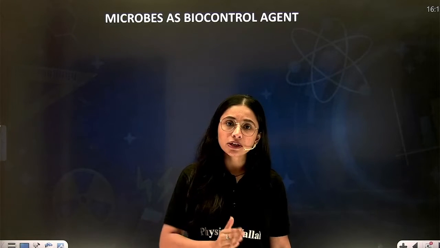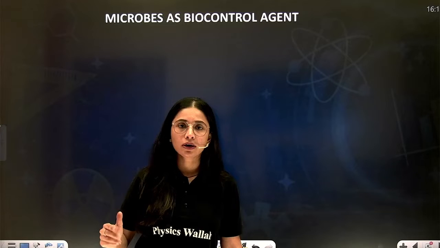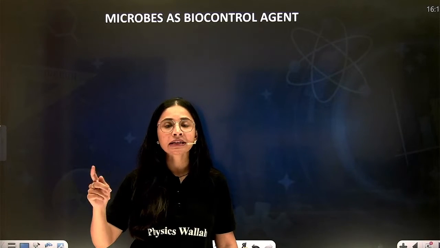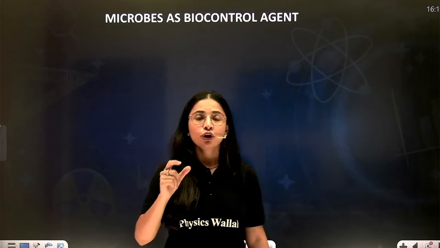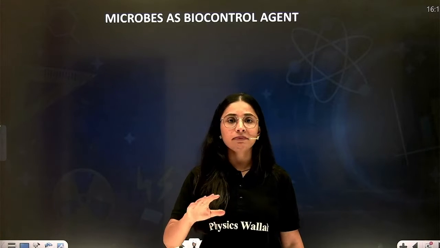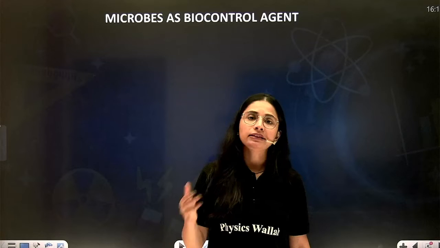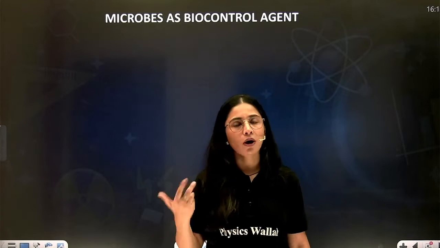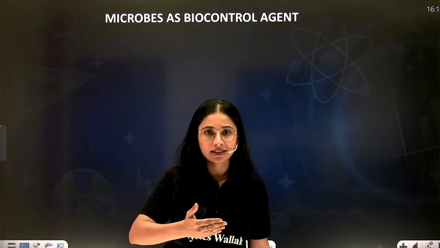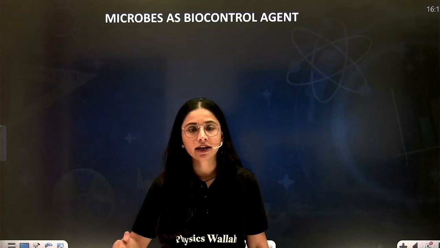So farmers, to avoid the crop loss, start spraying insecticides and pesticides so that such insects and pests, even if they grow on the farm, get killed, and yes, your crop is also safe. But the problem is when that crop is cut, it comes in the market and you eat it.